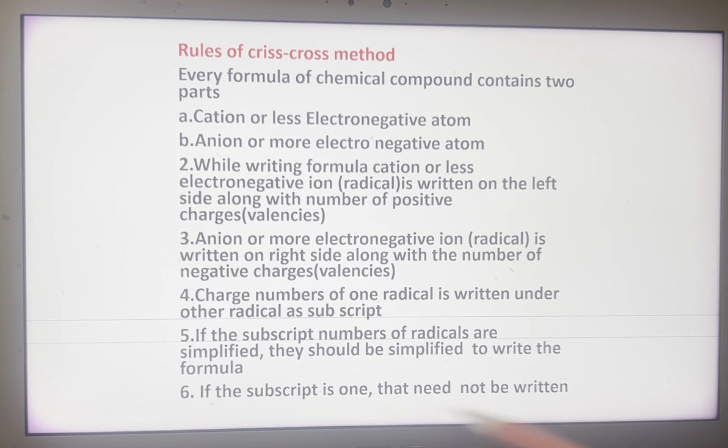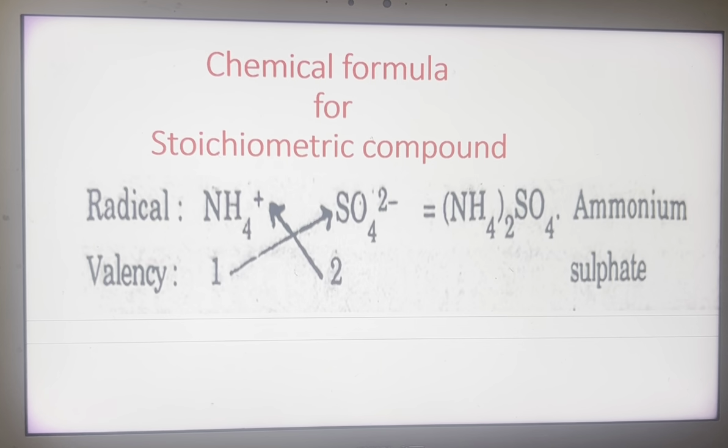If the subscript numbers are simplified, they should be simplified and written in the form of a formula. If the subscript is 1, that need not be written. After simplification, if a cation or anion gets the number 1, that need not be written. These are some rules. Let us see the examples.